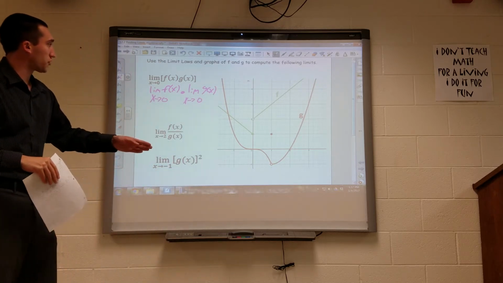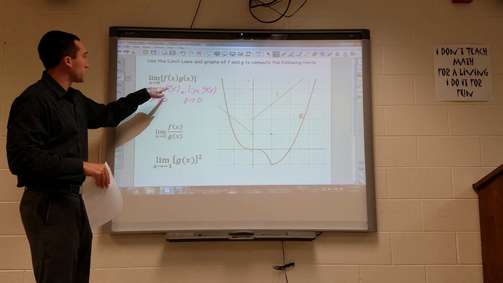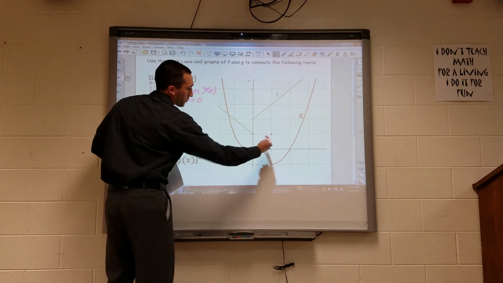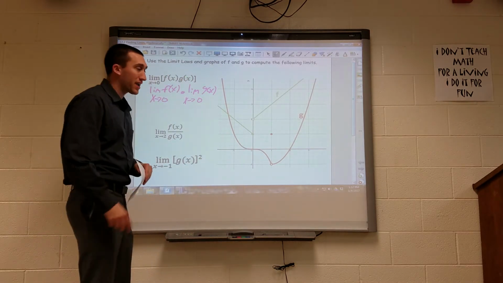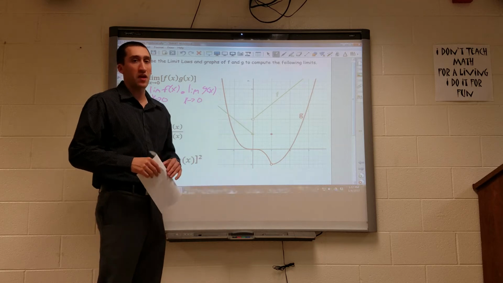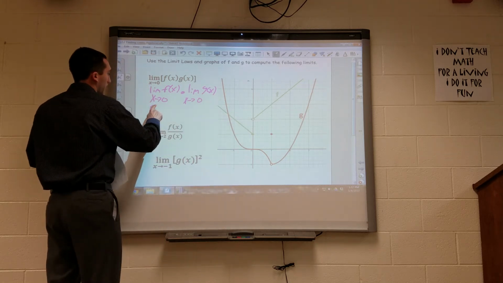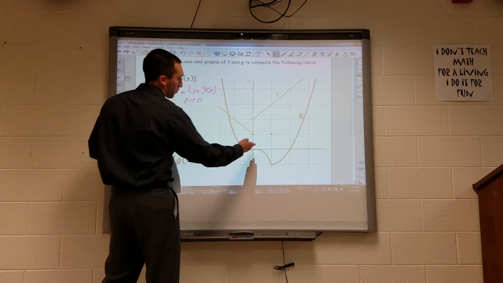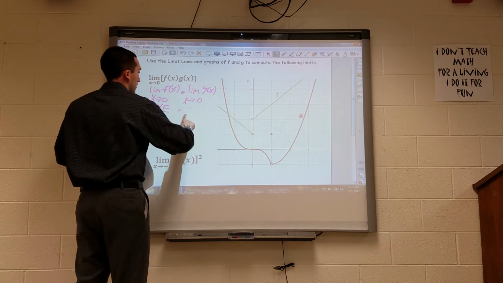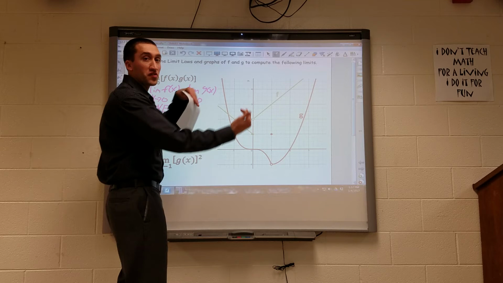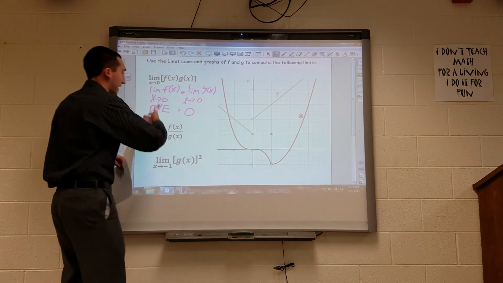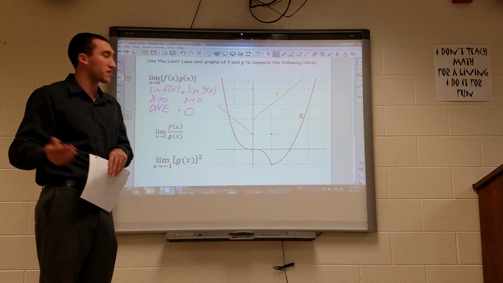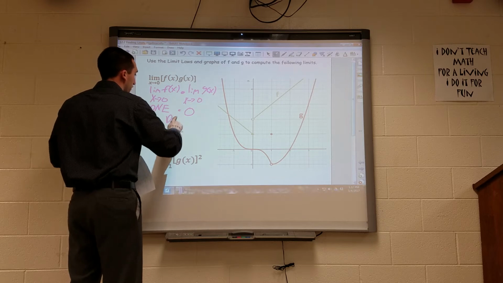As x approaches 0, you'll see the limit of f, well, as x approaches 0 from the left and the right, they are not meeting at the same point. So this does not exist. And my limit of g as I approach 0, well, I get 0 because it's approaching 0 from both sides, but I can't multiply something by something that does not exist, so this limit does not exist.